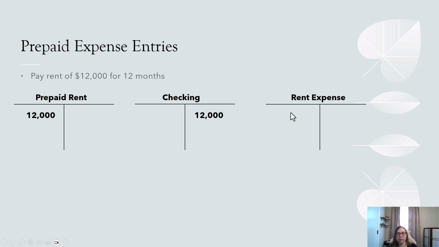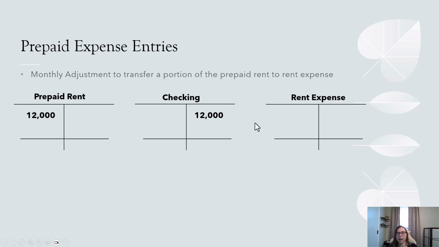You wouldn't do anything to rent expense yet because you want to wait until you actually use the rental space on a month-to-month basis, and then you would transfer what's over here in prepaid rent, which is on your balance sheet, over to rent expense, which is on your profit and loss or income statement.